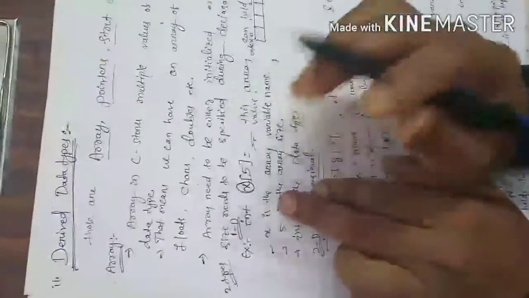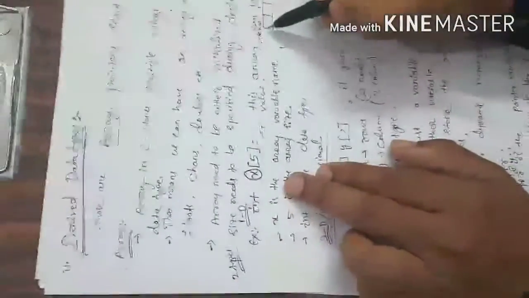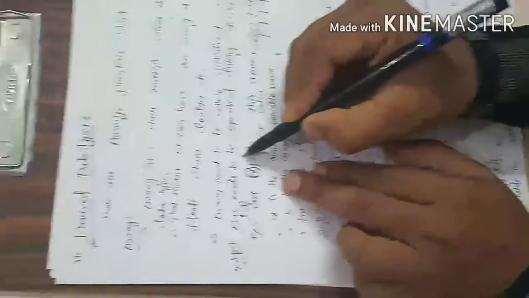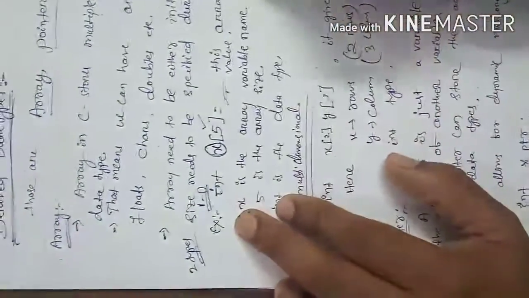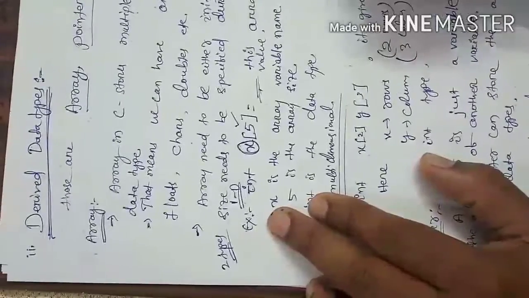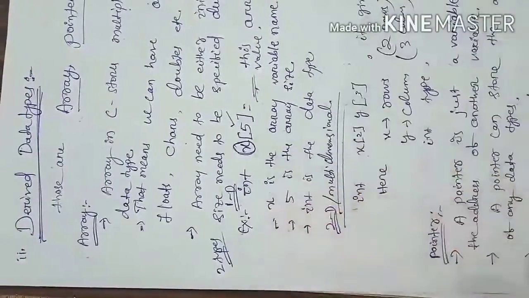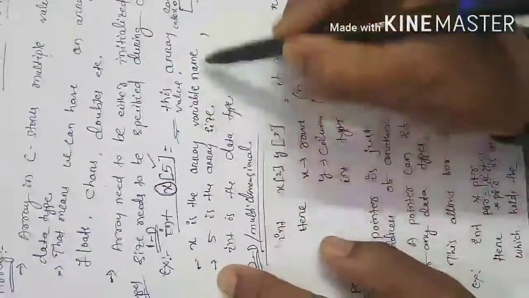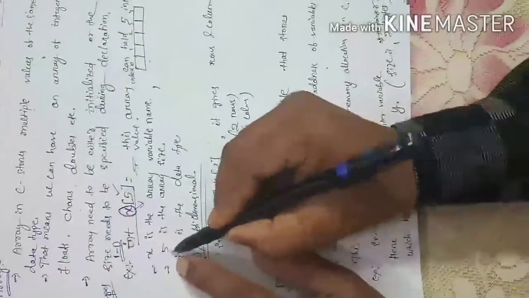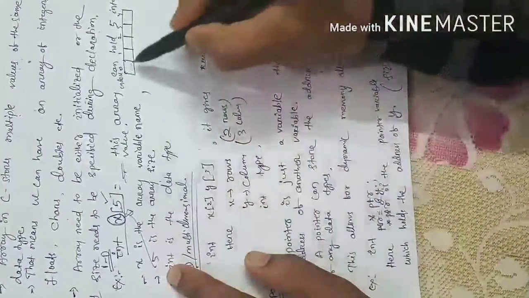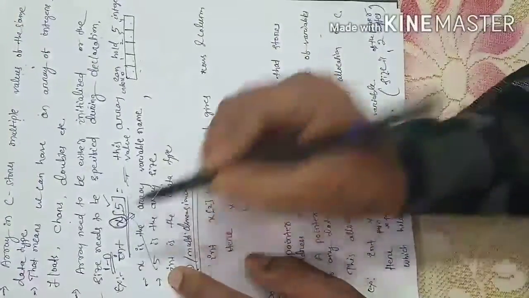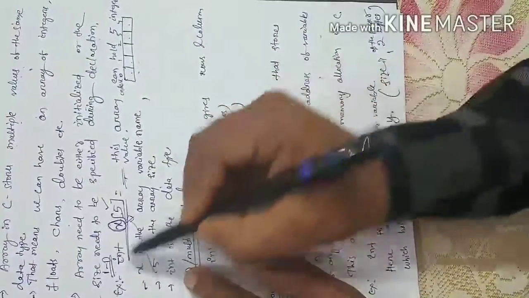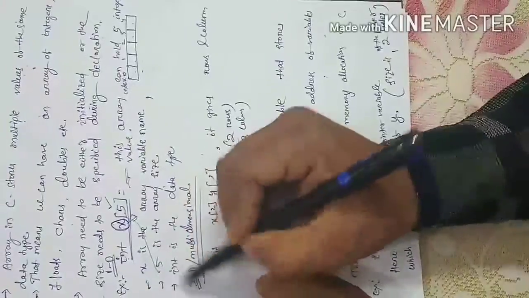X is the array, or we can say the memory name, which can store up to 5 data. Here I have defined int, which means it will store 5 data of integer type. See here, x is the array variable name, 5 is the array size, and int is the data type. Here I have defined integer type of data types.